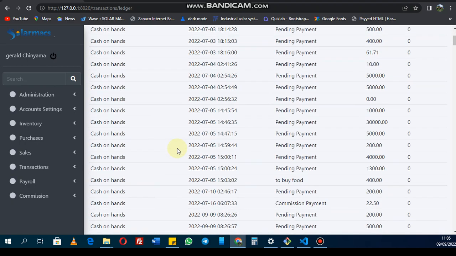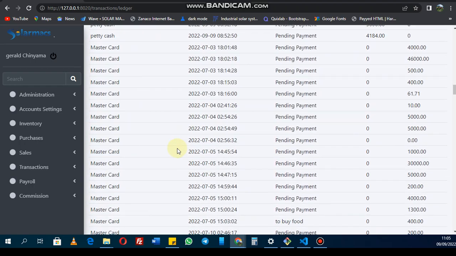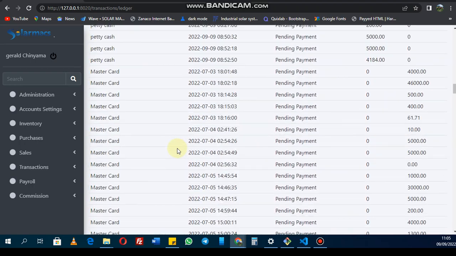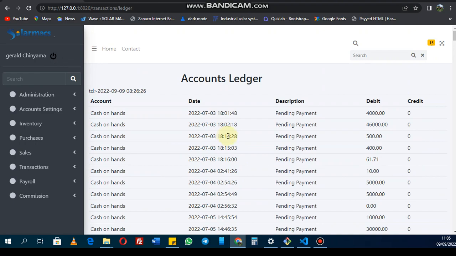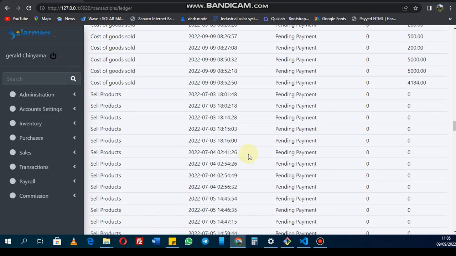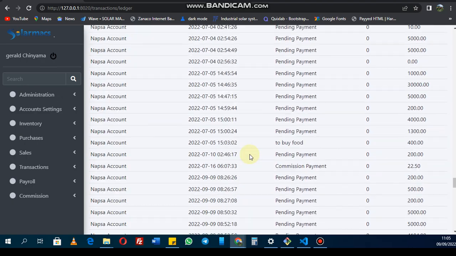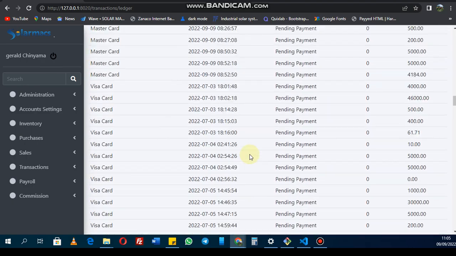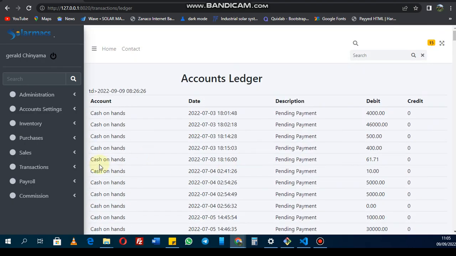There are a lot of them. What I'll do to this page is add pagination so that it is easy to get from one item to another instead of having a long list like this. I'll add page numbers for the table so that it is easy for you to view the details of these accounts.